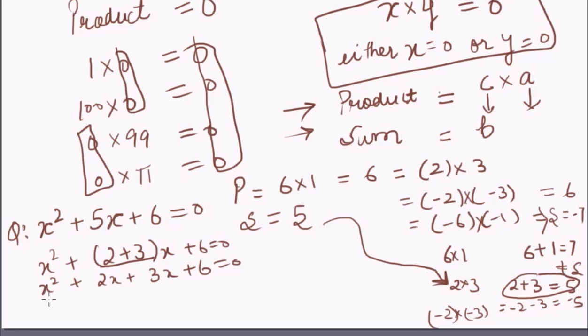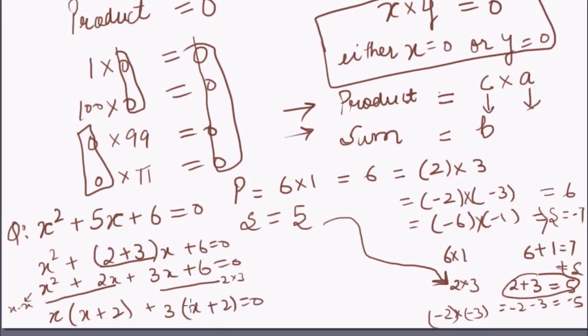The next step is to take whatever term can be made common from the two pairs, that is this first pair and this second pair. X square is x into x, and this term has 2 into x. Therefore x can be made common and we are left with x from the first part and 2. Similarly here 6 is 2 into 3, therefore we can take 3 as common, and the left part is x plus 2 equal to 0.